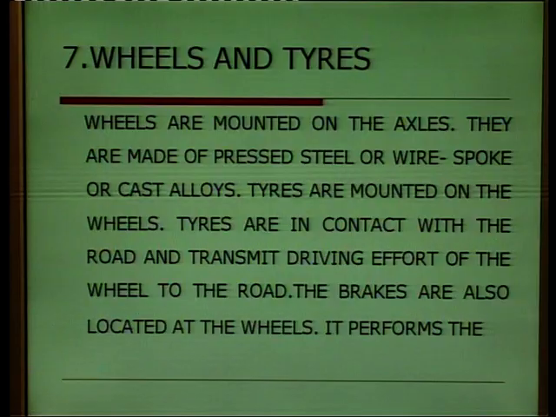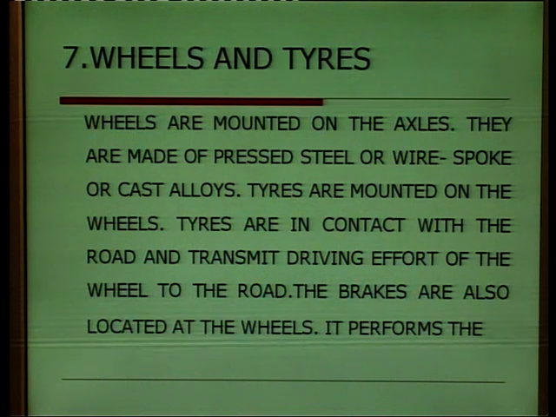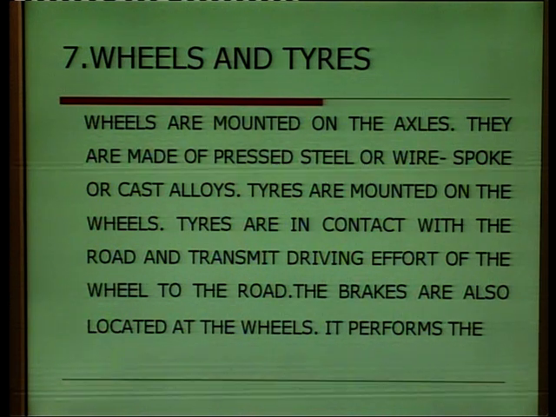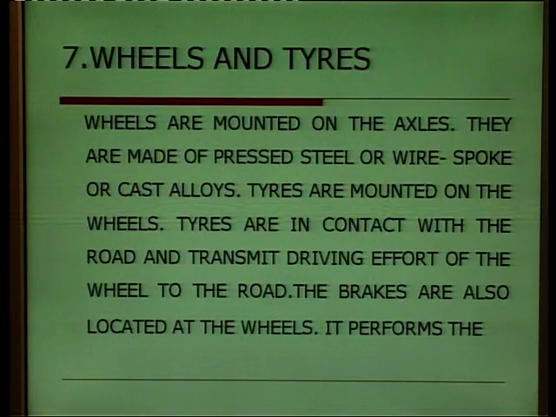Number 7, wheels and tires. Wheels are mounted on the axles. After the axles, then wheels. They are made of pressed steel, wire spokes or cast alloy. These are 3 types: pressed steel, wire spokes or cast alloys.